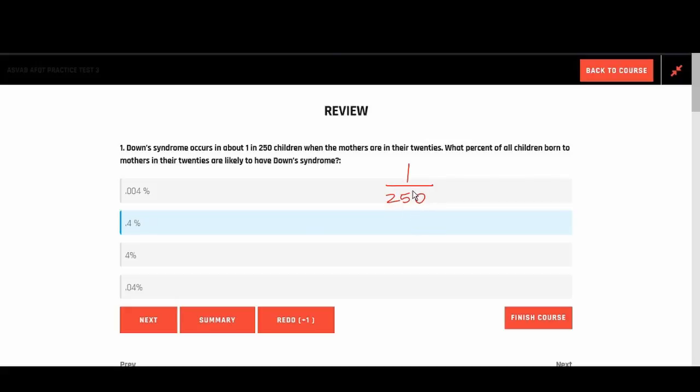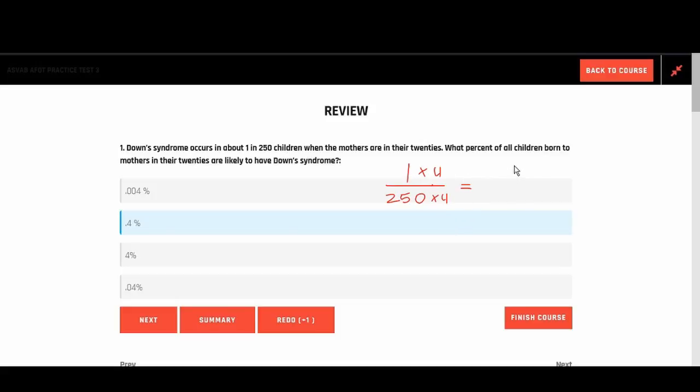Now, there are 2 ways to go about doing this. You can regard this as long division, namely 1 divided by 250, or to make this a fraction that you can do mentally, you can make this denominator 1,000 while multiplying 250 by 4. And what you do to the denominator, you would have to do to the numerator.